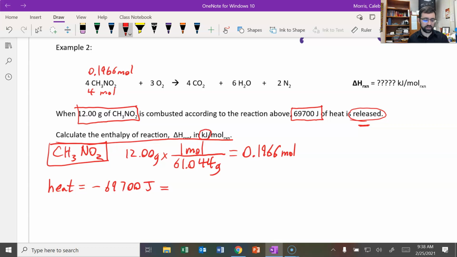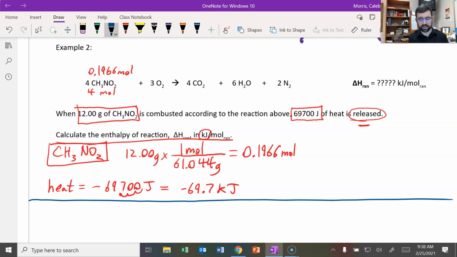What would that be in kilojoules? We'll just move your decimal over 3 places. It's negative 69.7 kilojoules. Well, that gets us started. That gets us set up.